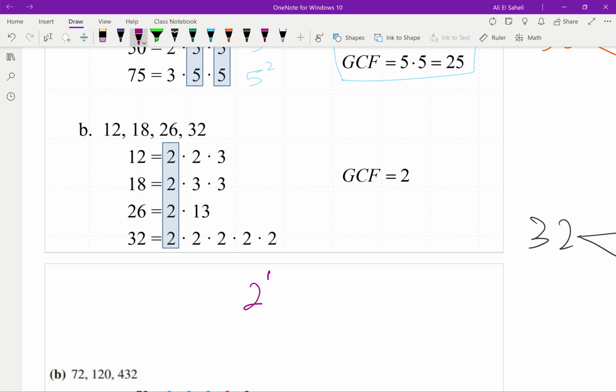That's with the 2. 3 does not appear here or here. So the factor 3 is not common to all of them. And that's it. Because the first one has only 2 and 3, we don't need to look any further. 3 is not common, so we're done. It's 2 to the power 1. The greatest common factor of these numbers is 2 to the power 1.